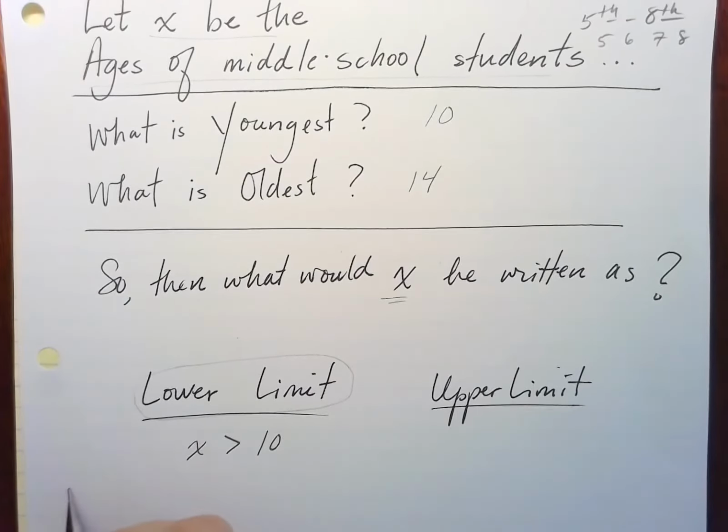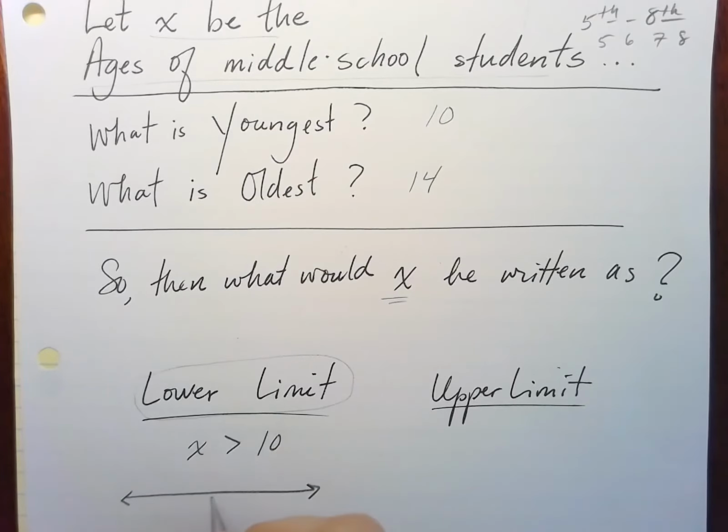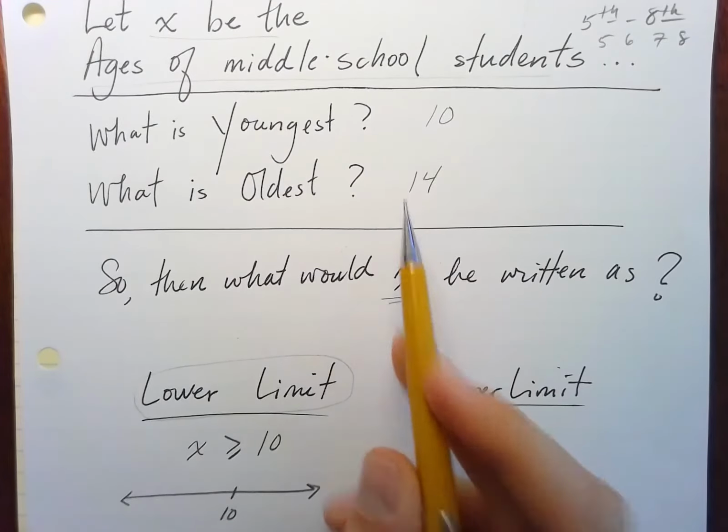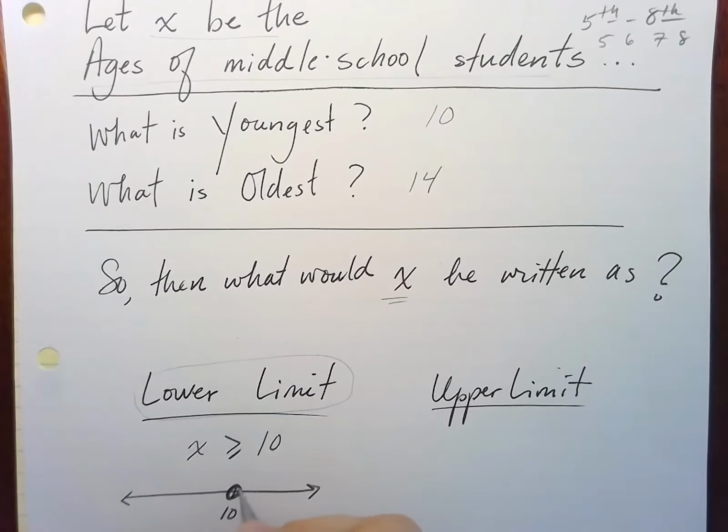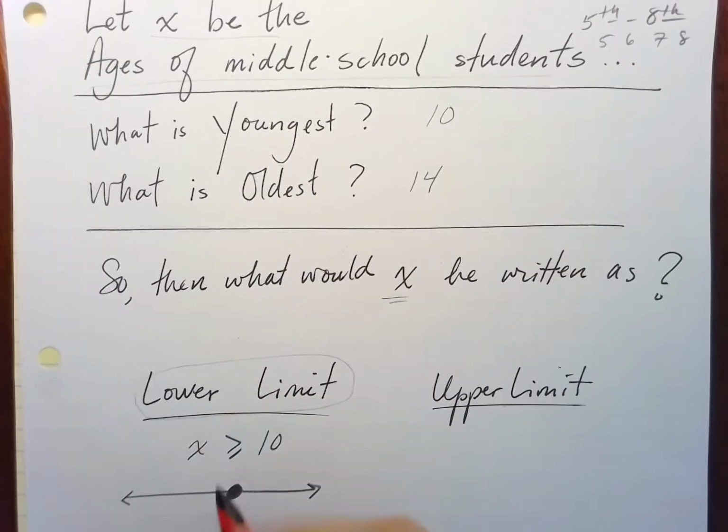So if we're looking at this on a number line, we would find 10, okay? And since X has to be greater than 10, or it could be equal to 10 because we have some 10-year-old students, then we're going to fill in at 10, and we have to go up. Oh, I meant to be doing this in red. Sorry.